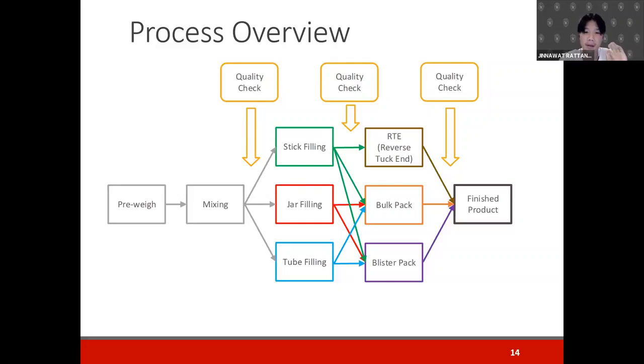After the stick filling, jar filling, and tube filling, they have to check how the jar fill looks from inside, and outside, whether the container is broken or something like that. And for the packing, they also have to see that it's well packed.